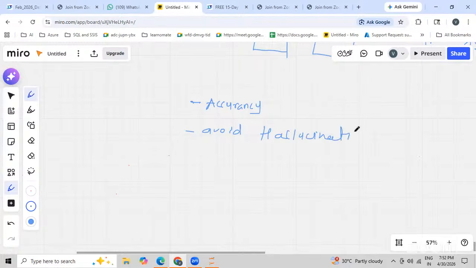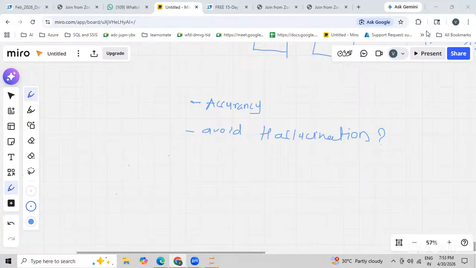Hallucination. This is again an interview question, right? What is a hallucination? Hallucination means ChatGPT answers your question very confidently, but whatever answer the LLM provides is totally wrong.